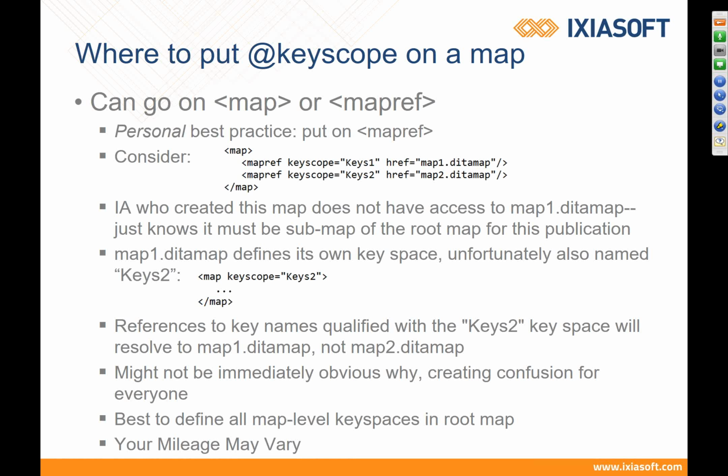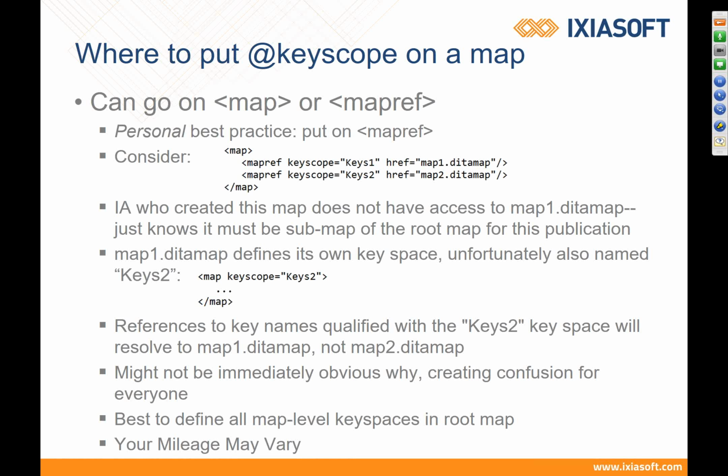So now they have created a nested key scope situation without being aware of it, because maybe they aren't even aware of the structure of your map. They know you've got this map, and they need this map as a chapter in their book map. So they've just pointed to it. They've never opened your map. They don't know what it looks like. They don't know what keys you have. And so now they're not necessarily going to get the output that they expect.